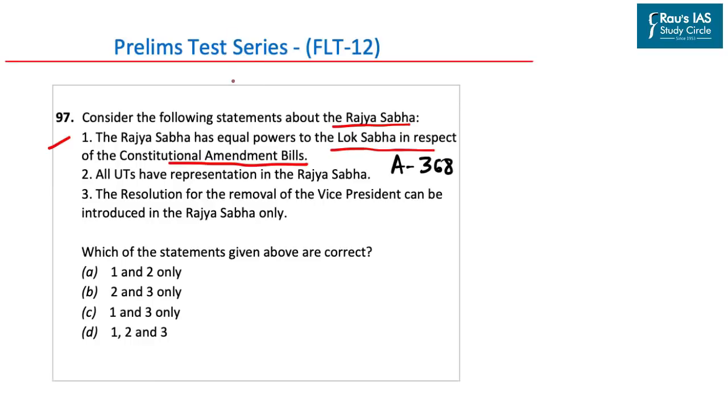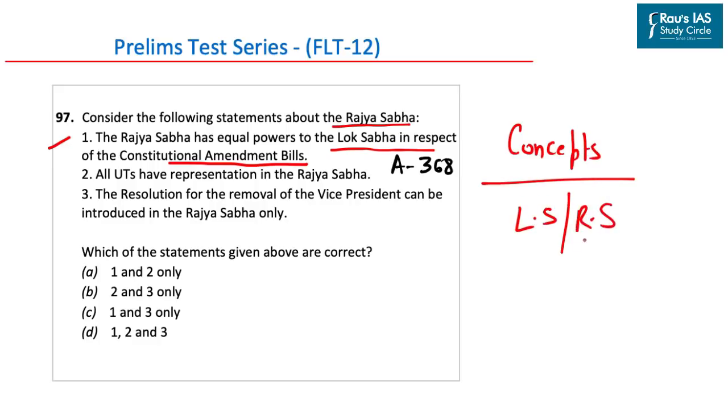So understanding about a topic becomes important, and it is more important than solving the right answer, because if you are thorough with the concepts with respect to functioning of Rajya Sabha as well as Lok Sabha, then you can solve similar or any other question asked by UPSC in near future. The second statement asked here was that all UTs have representation in Rajya Sabha.